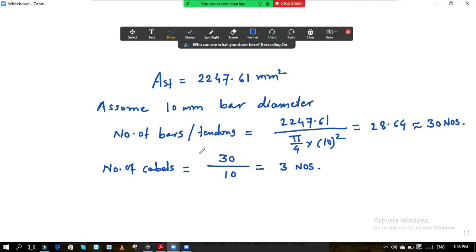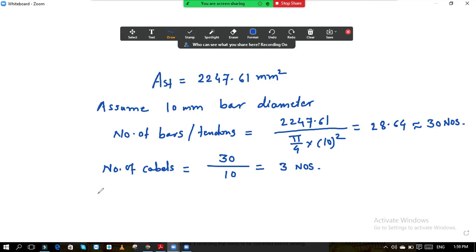So finally we can write over here, provide how many bars? Provide 30 bars of 10 diameter, or 3 cables, each consisting of 10 bars.